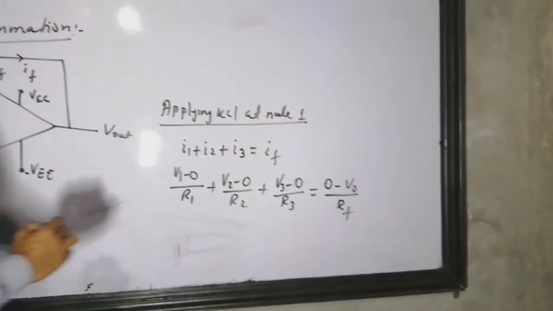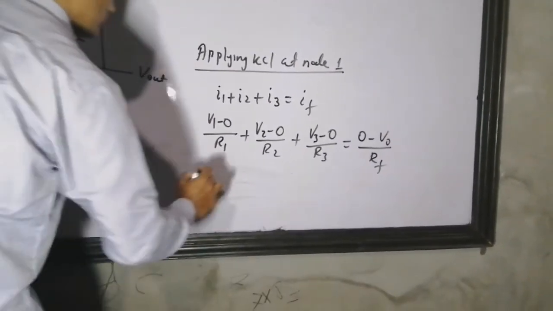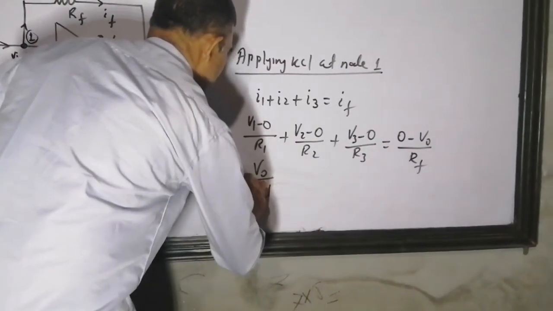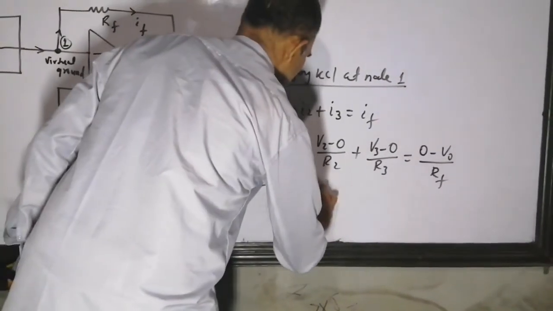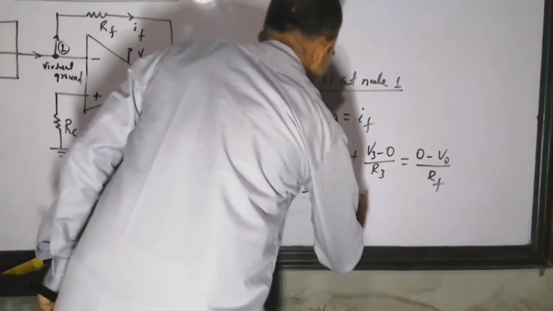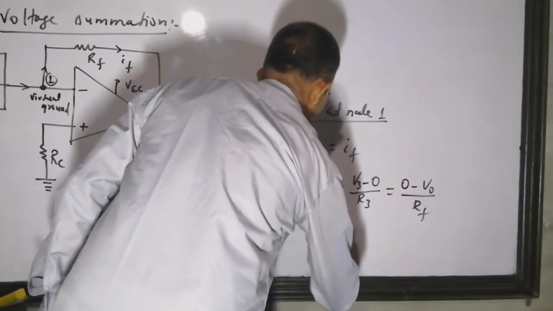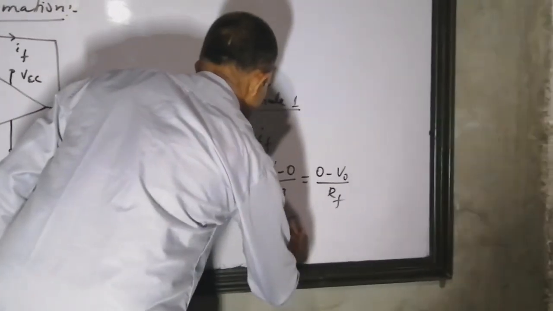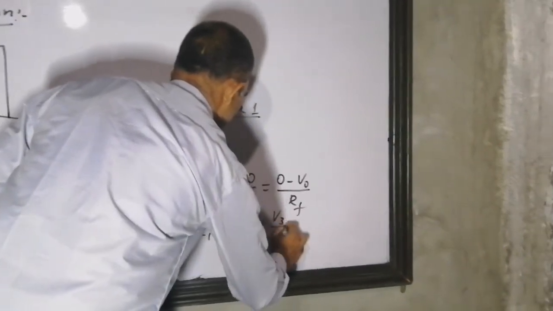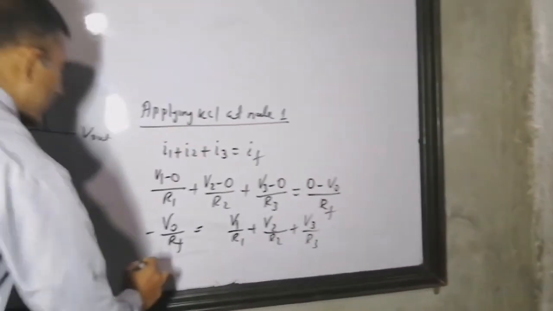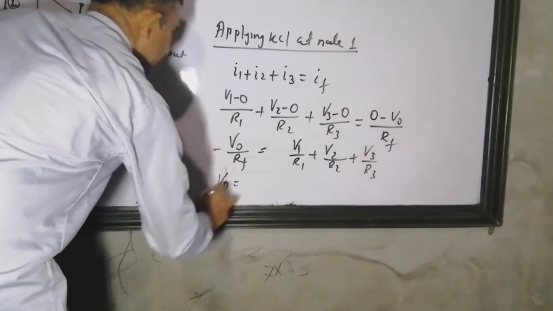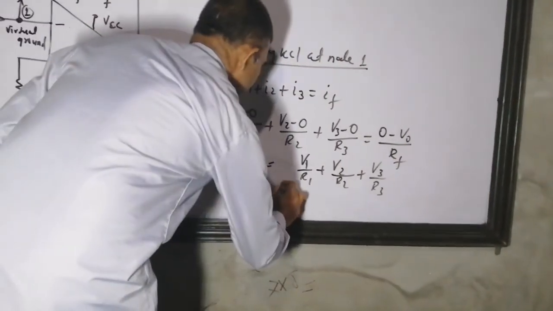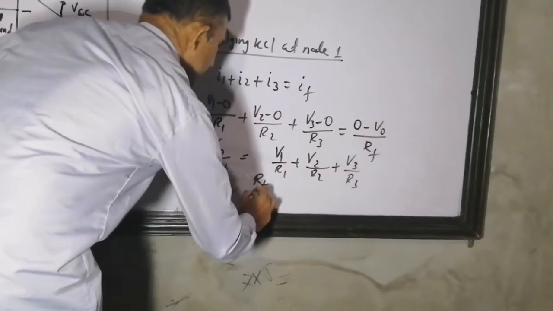Now this is very simple to solve. We get minus V out by RF equals V1 by R1 plus V2 by R2 plus V3 by R3, and we need to find only V out. So I take the minus to the other side and multiply RF to each term.